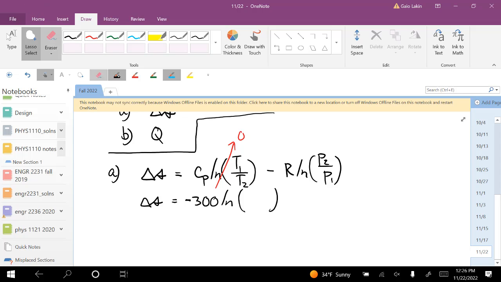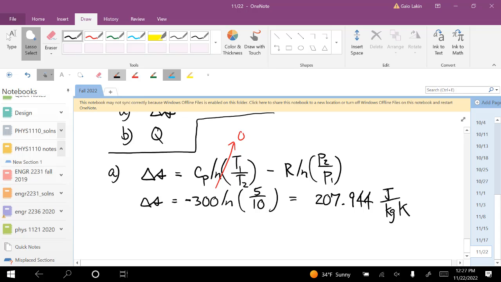Anyways, and for that you get 207.944, I guess, joules per kilogram Kelvin.